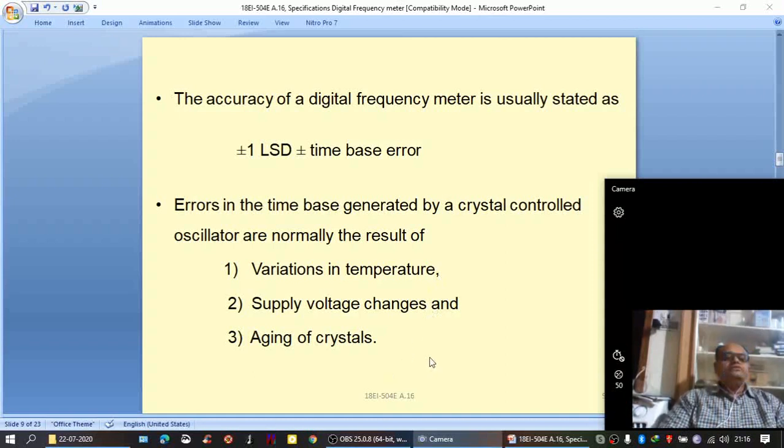Let us suppose that we have designed a crystal to produce 1 megahertz frequency signal, and using that we are generating a gating pulse of 1 second duration.